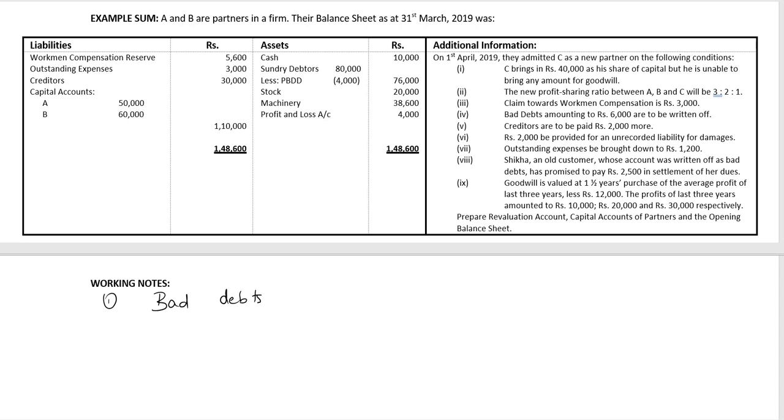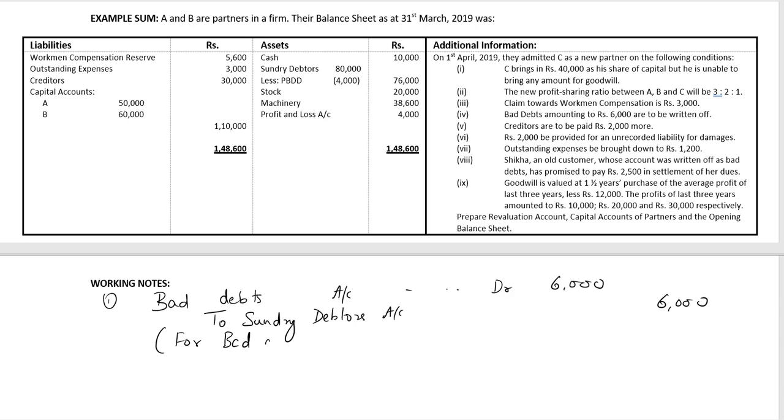Bad debts account debit 6,000 rupees to sundry debtors account 6,000 rupees. This is for bad debts written off.